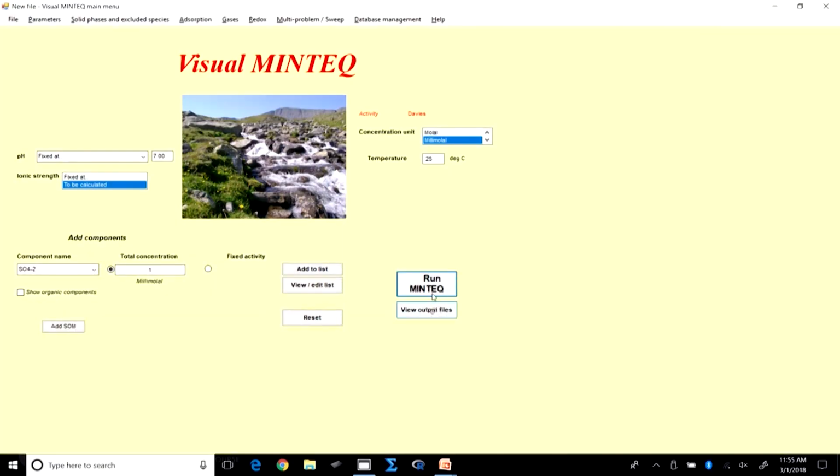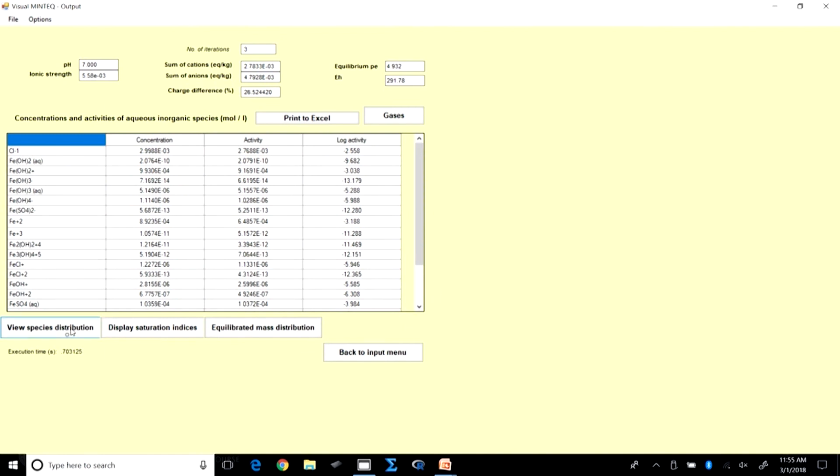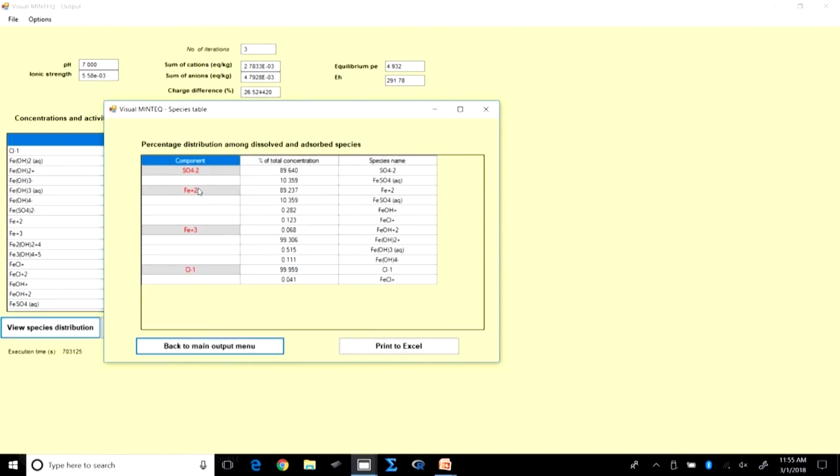Let us look at that for a second again: back to the input menu, or view output files, pardon me, and view species distribution. As you see, 89% of the total Fe2+ stays as Fe2+, but with respect to Fe3+, I guess they do not even list it here because it is at such low concentrations.